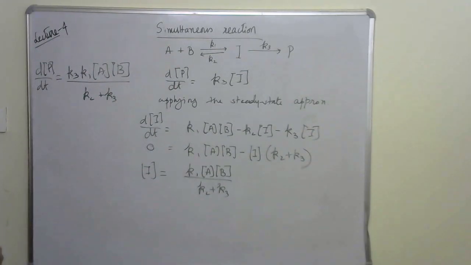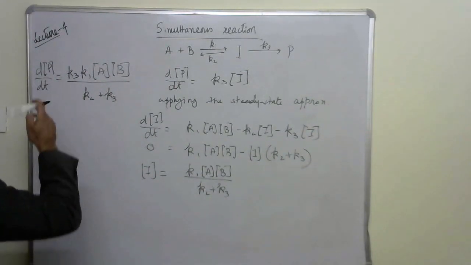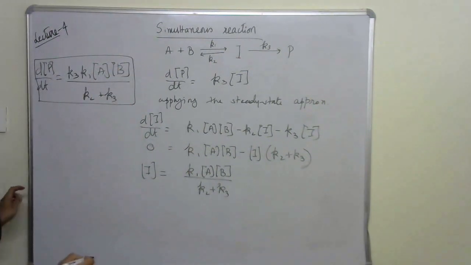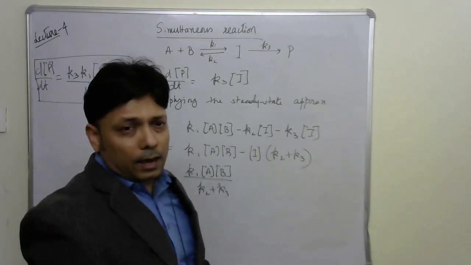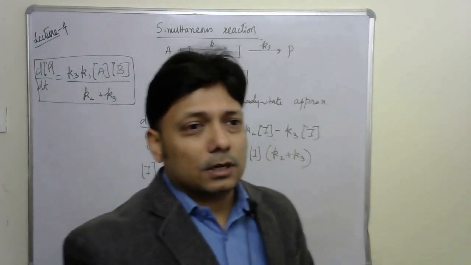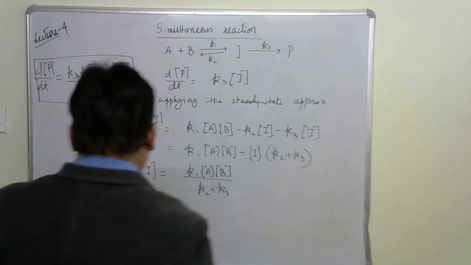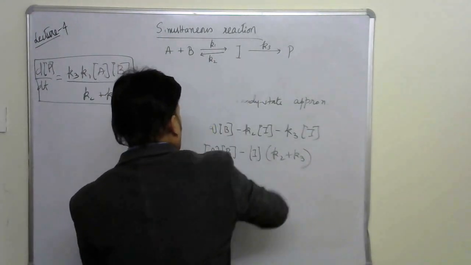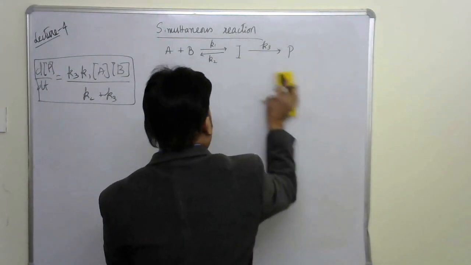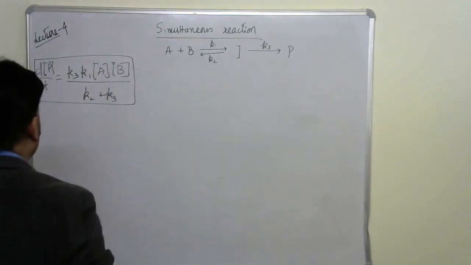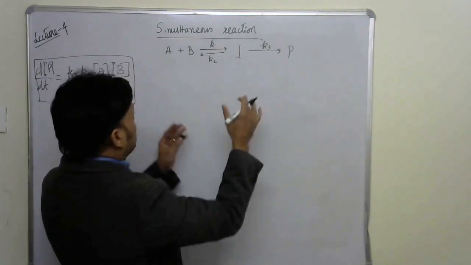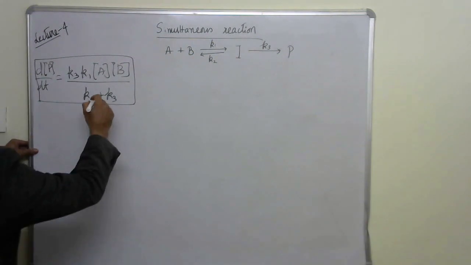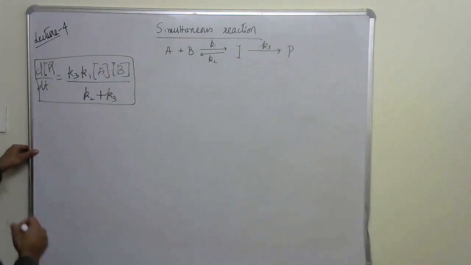So therefore, we have come down to a rate law for a situation like this by applying the steady state approximation. So now let's take a look at the different repercussions if we consider the different values or different limits of k1, k2 and k3. So let's take a look at this equation.